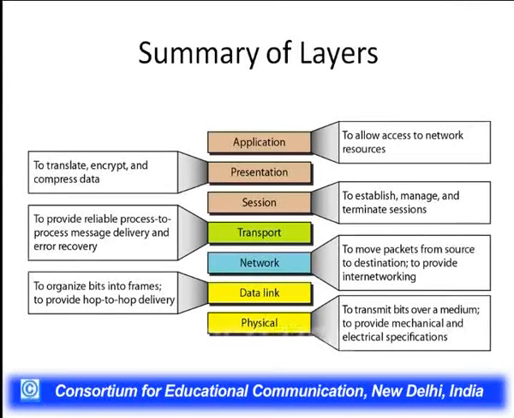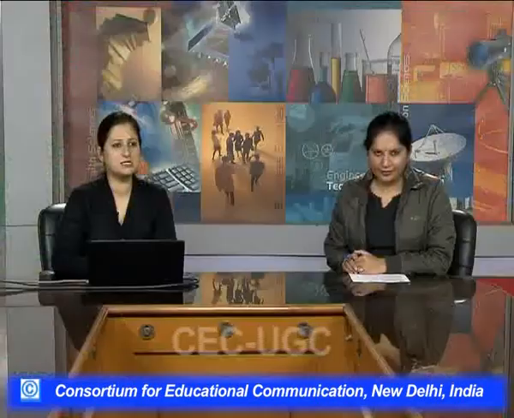The session layer establishes, manages and terminates sessions between the two computers; it is the dialog controller. The presentation layer looks at translation, encryption and compression of data, and the application layer allows communication between the users and the programs on the network. So, with this we come to an end to the OSI model.